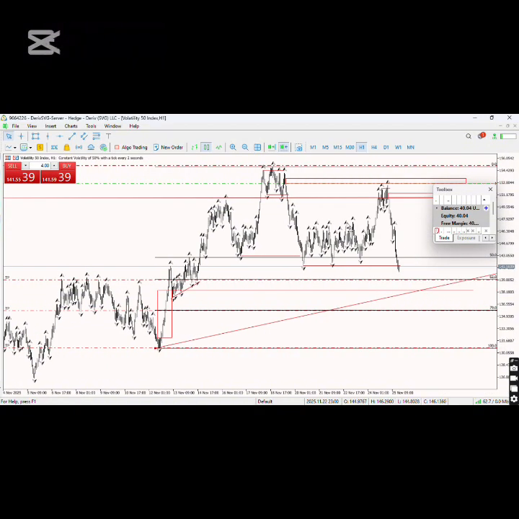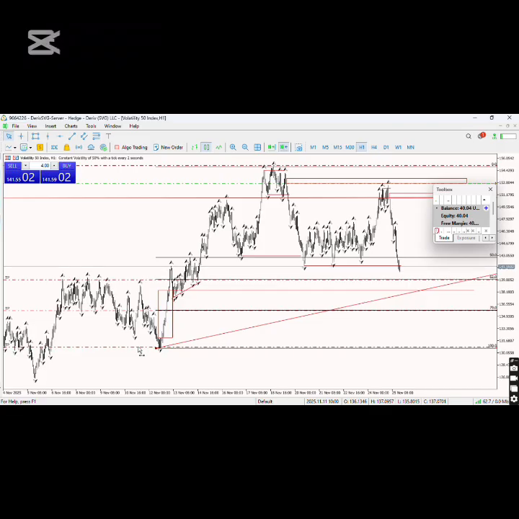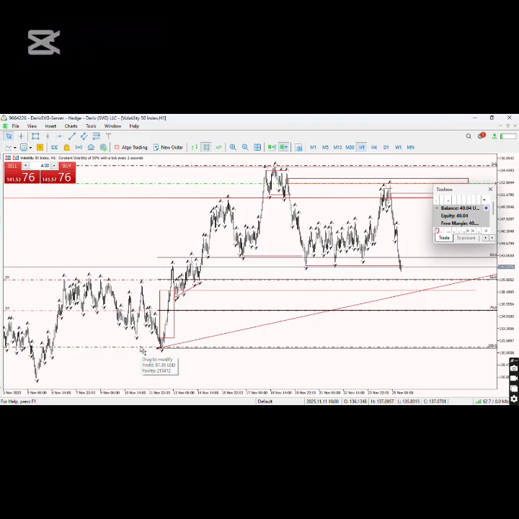We are risking $28 to make this one target. This one targets 87. So we're targeting 87, 67, and 51.